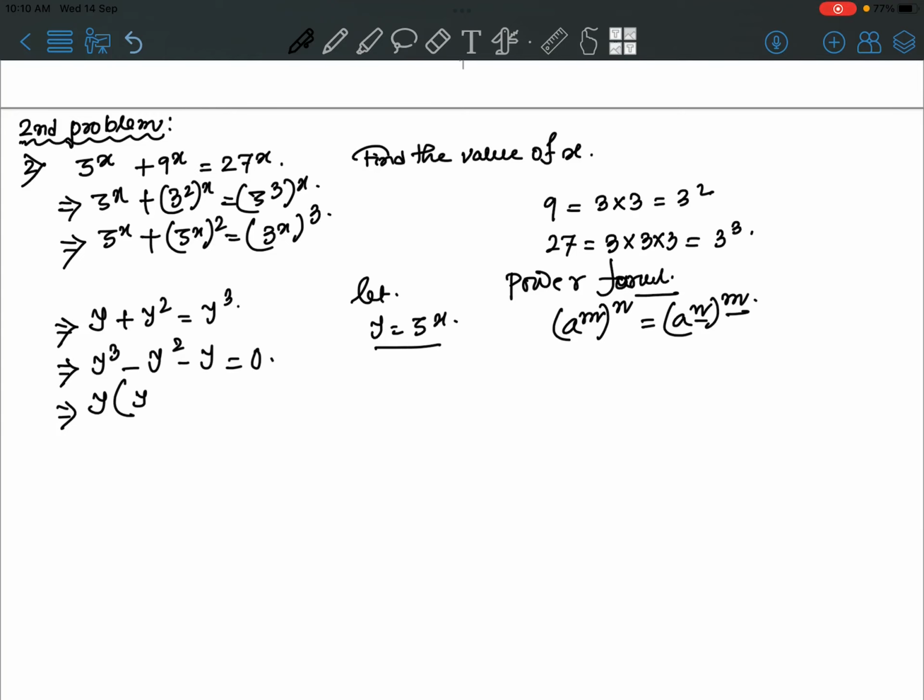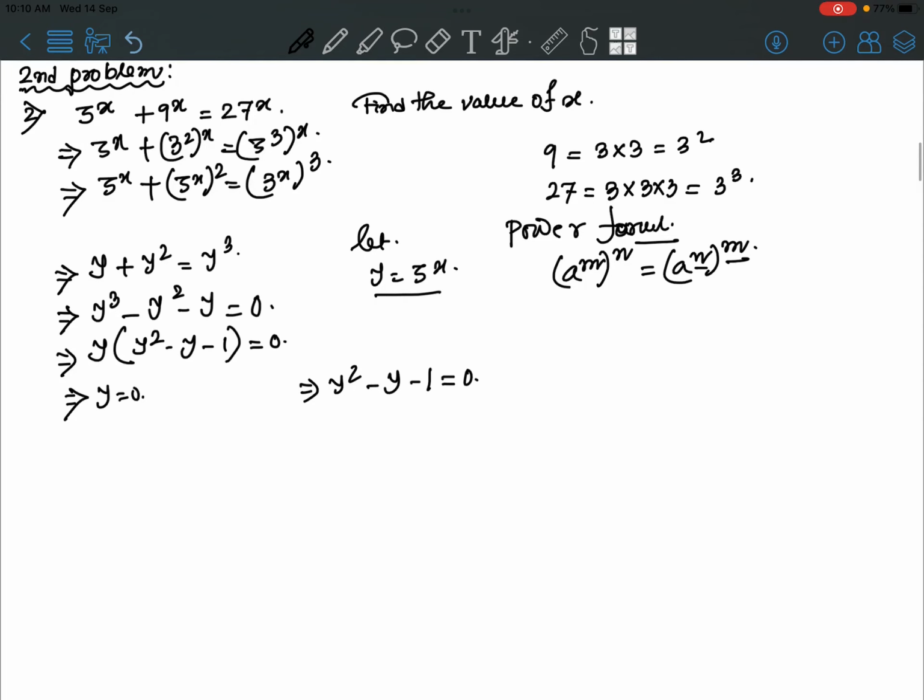Within the parenthesis, y square minus y minus 1 equals 0. So we can write y equals 0 and y square minus y minus 1 equals 0. Why? Because the product of two factors, that means (x minus a) into (x minus b) equals 0, so x minus a equals 0 and x minus b equals 0.